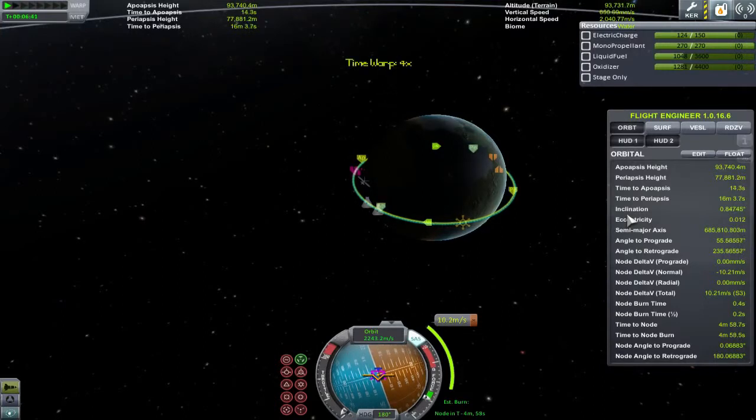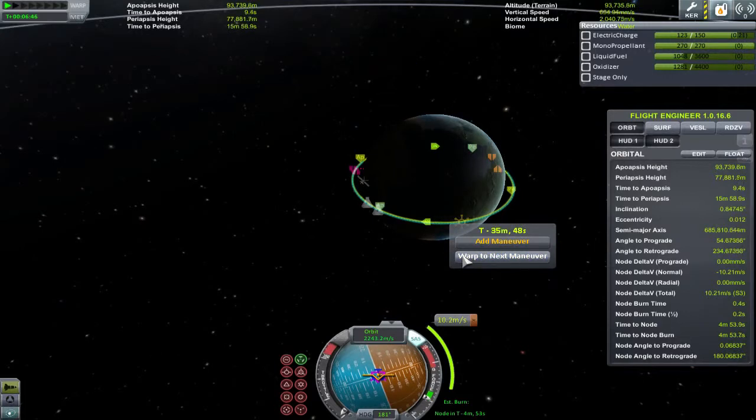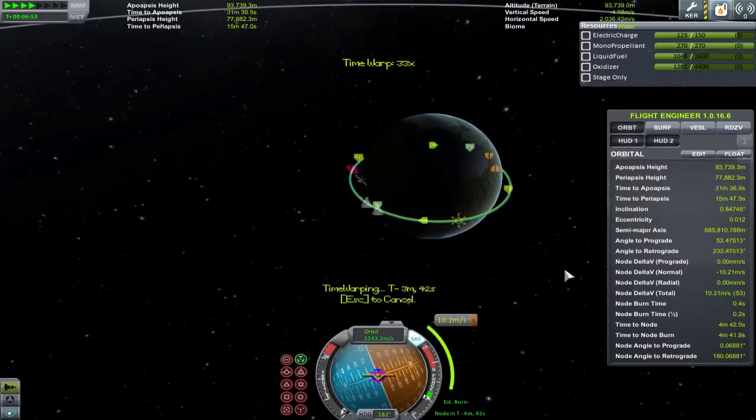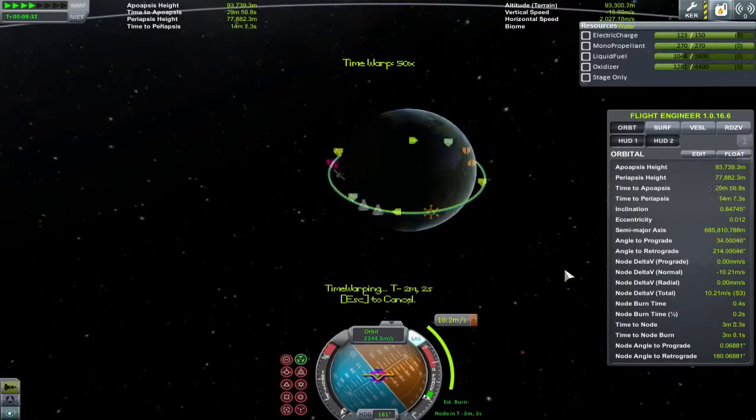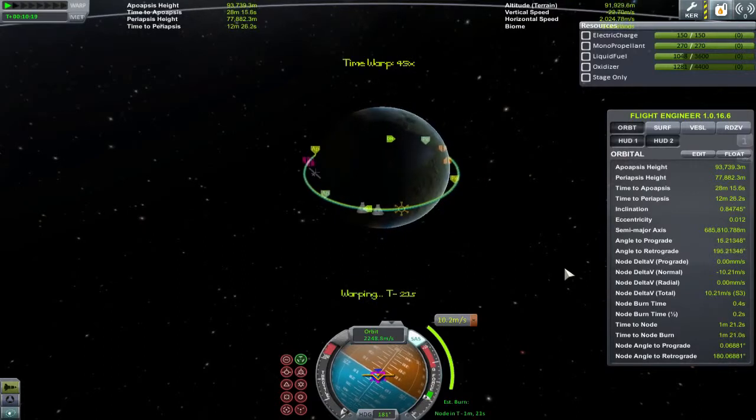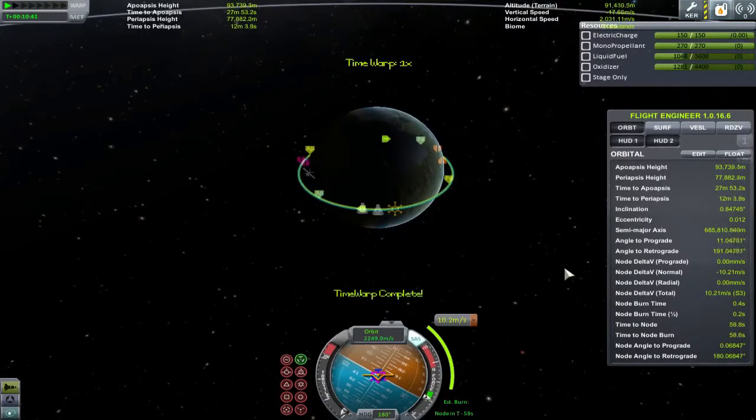So what you do is you make a maneuver node on your ascending or descending node, and then pull the purple markers until you get that down to as close to 0 as possible. Then you go ahead and get up to that maneuver node and make your burn. This is absolutely vital for the docking process.